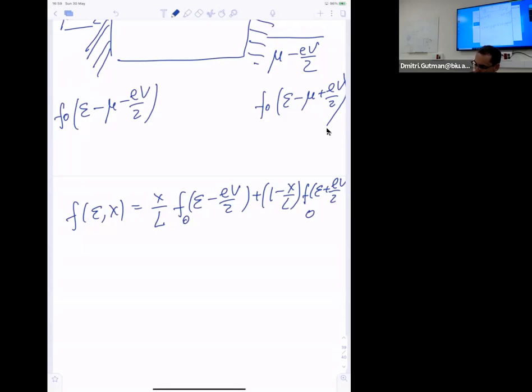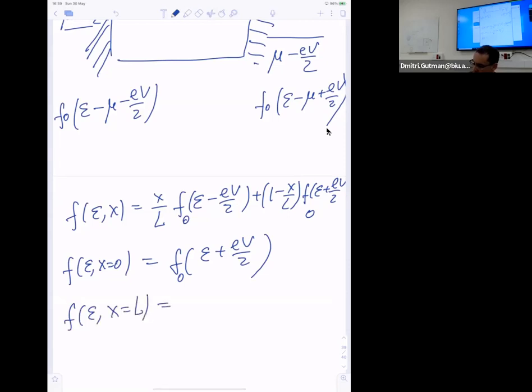So if x is equal to 0, the first term vanishes, and we have the second term, which means the equilibrium function at the chemical potential shifted by voltage over 2. If we go to the opposite edge of the sample, then we have f0 of epsilon minus EV over 2.